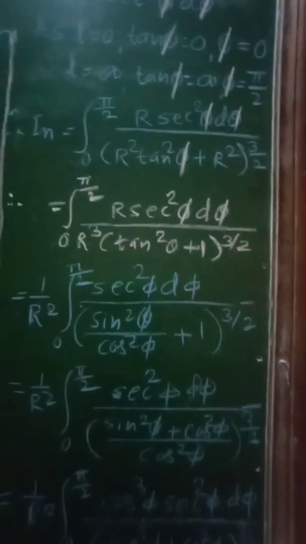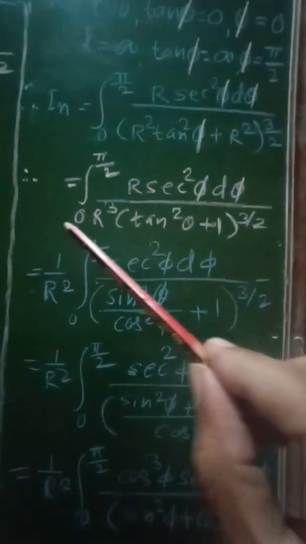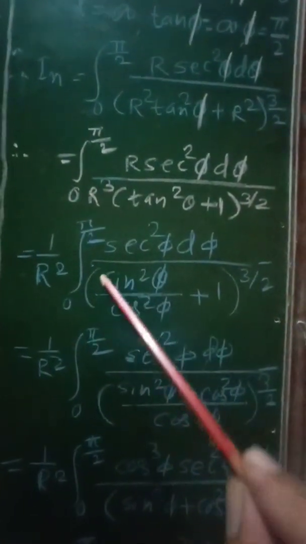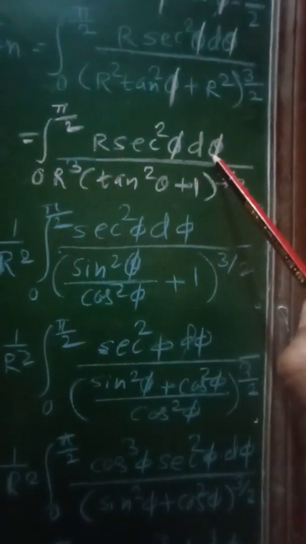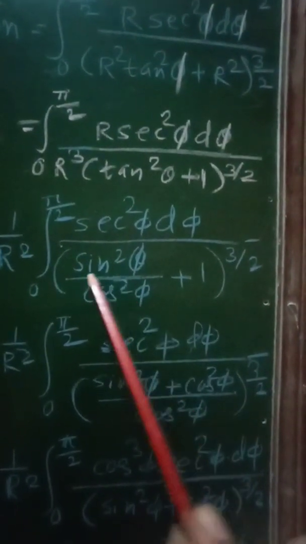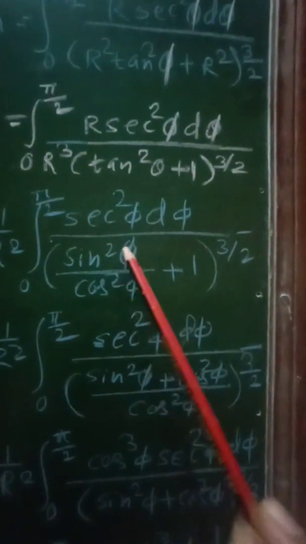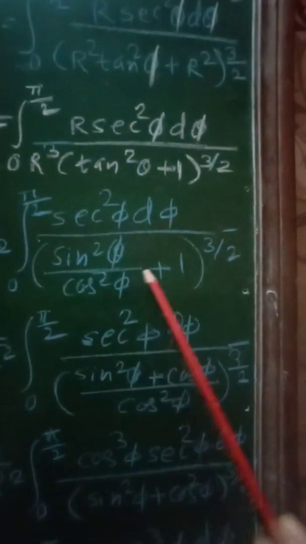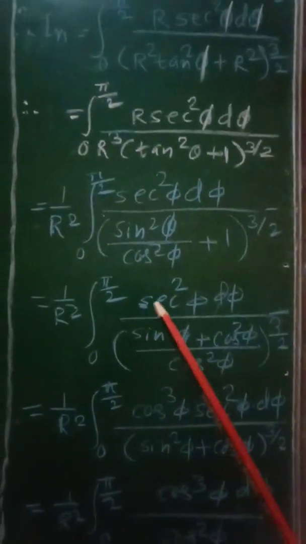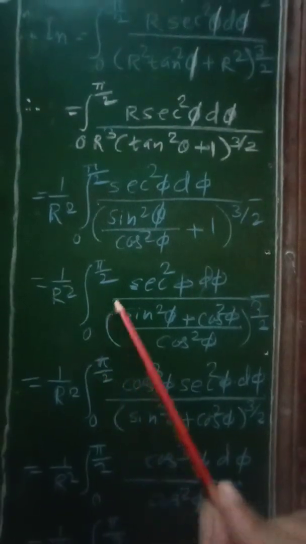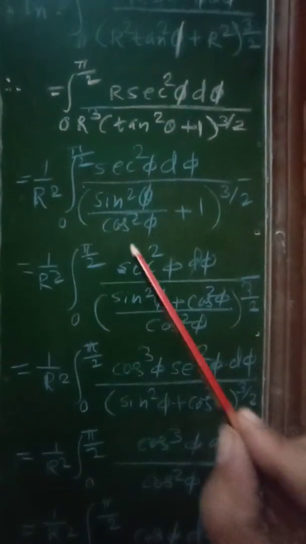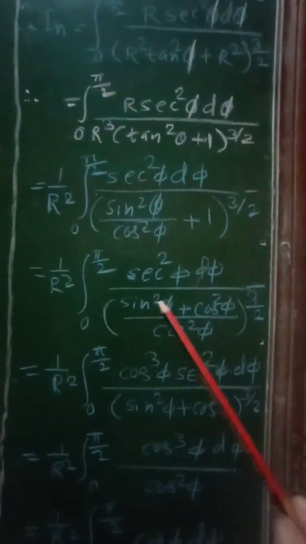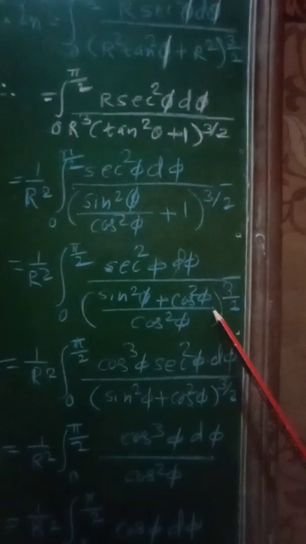Now that will be written as 1 by R² taken out of the integration, and then integration 0 to pi by 2 of sec² phi d phi upon (tan² phi + 1) raised to 3 by 2, where tan² phi is written as sin² phi upon cos² phi. So simplifying it, we will get 1 by R² integration 0 to pi by 2 sec² phi d phi upon, taking cross multiplication, ((sin² phi + cos² phi) upon cos² phi) raised to 3 by 2.